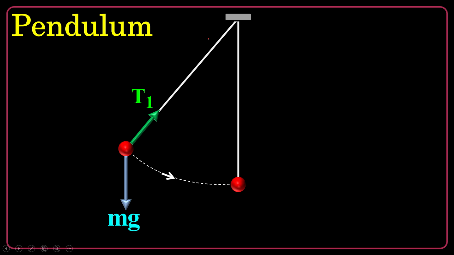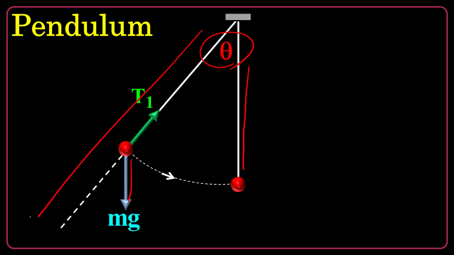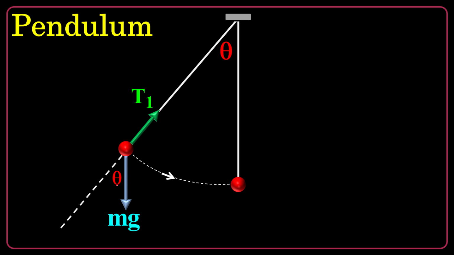I will tell you the answer. Here, you should first consider this direction. Is the object accelerating in this direction or not? The answer is no. Why? Because let's say the angle of deviation is theta here. This is vertical and this is vertical and this is an oblique, so it must be a congruent angle. So it's also theta. The component of mg in this direction is going to be mg cosine theta.